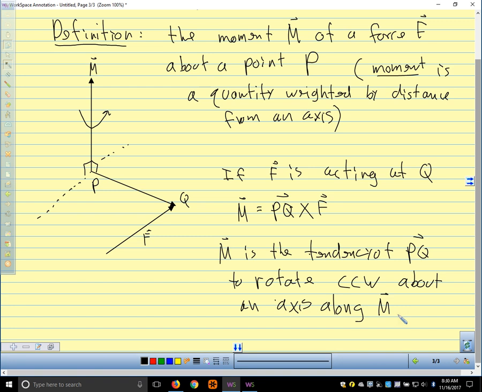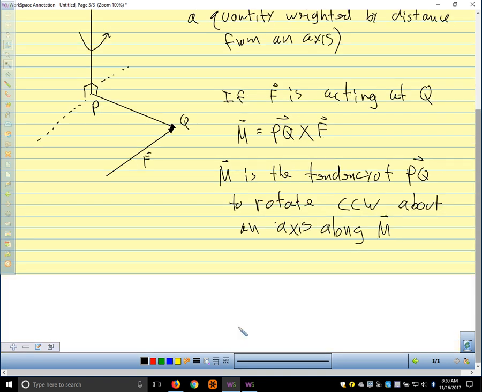And we think the torque is in the direction that a normal screw would turn if you turned it in that direction. So if you rotate a screw counterclockwise, it's going to loosen. It's going to come out. Righty tighty, lefty loosey. And we find the direction of the torque, PQ cross F, using the right-hand rule.